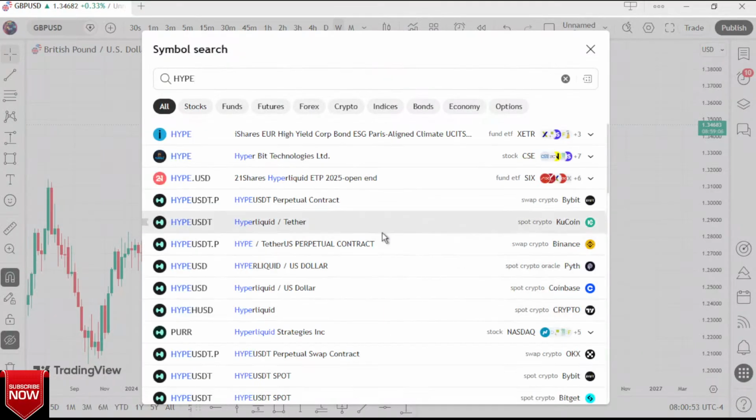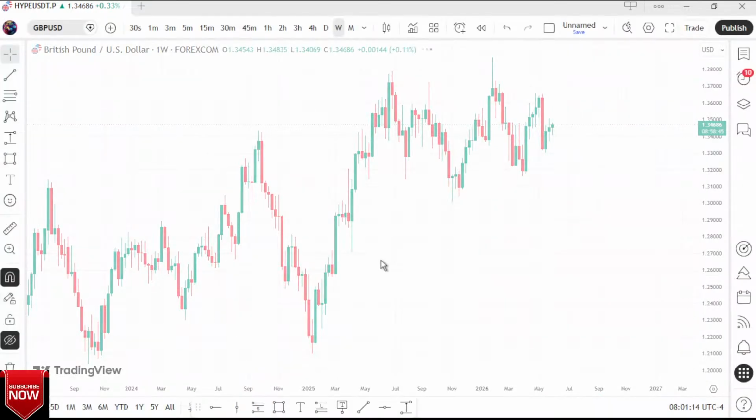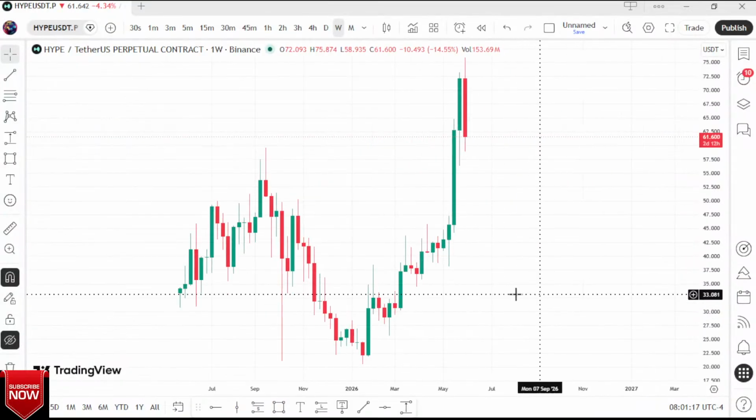Hype. Is it this? Is it this? Spot crypto, yeah. Hype USD. Is it this, or what is it?